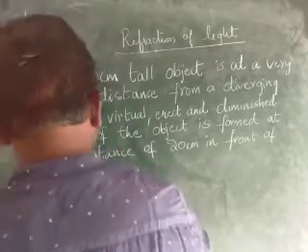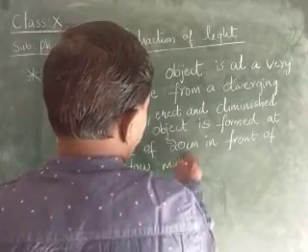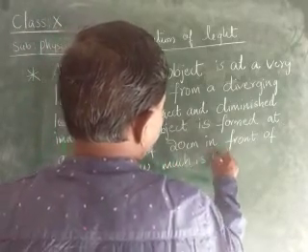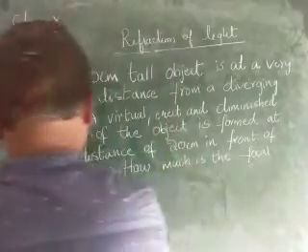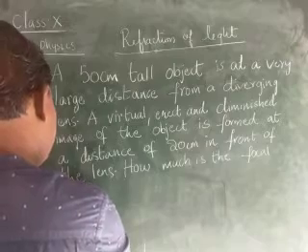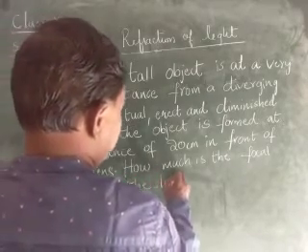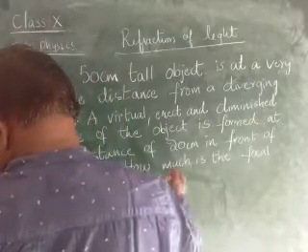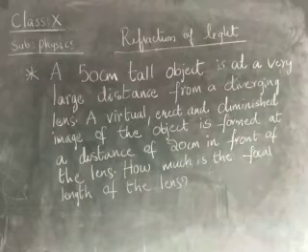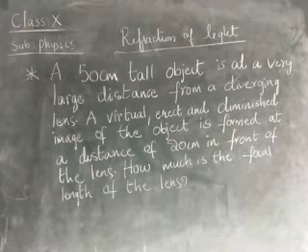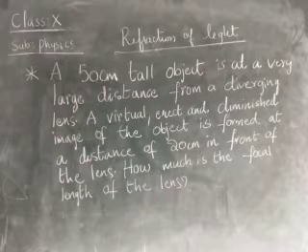How much is the focal length of the lens? Okay, children. Here a 50 centimeter tall object is at a very large distance from a diverging lens.